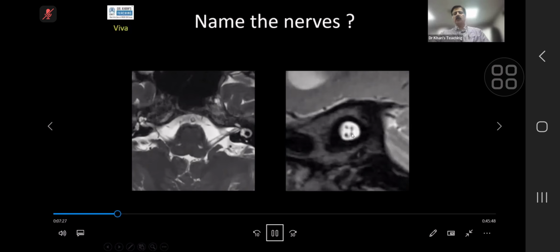This is a sagittal oblique type of a sequence. 7th nerve, cochlear nerve, superior vestibular, inferior vestibular. What happens is that they join together to form the vestibular nerve, and then they join the cochlear nerve to form the vestibulocochlear nerve. So this is posterior because this is cerebellum posteriorly.